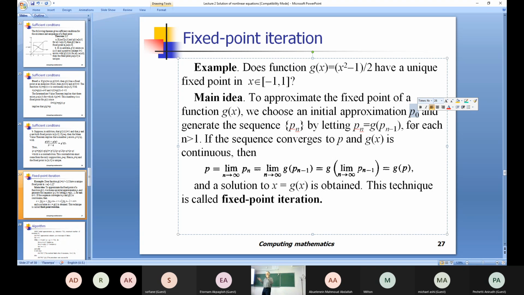You remember that in Newton's method we also select an initial point to initialize the process.